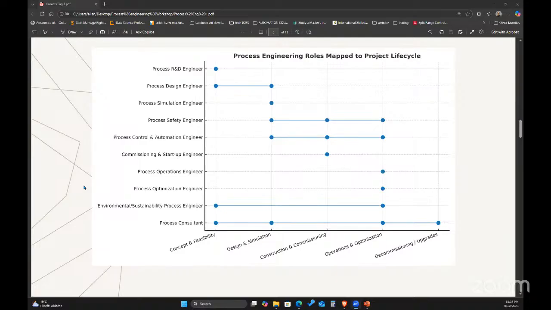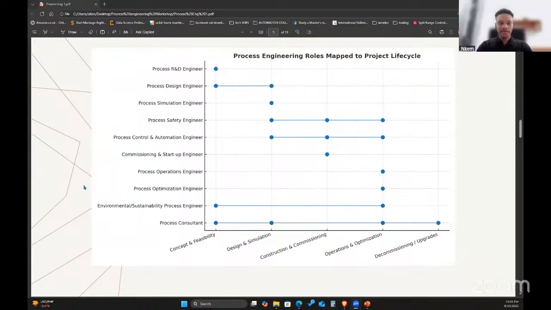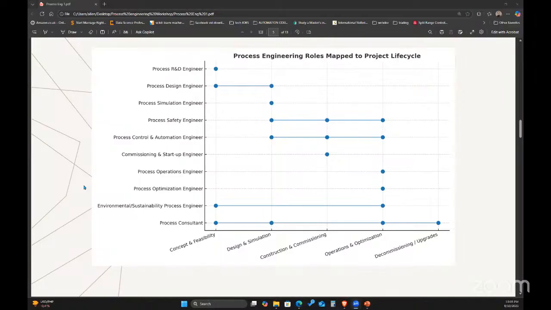Okay, sure. Thank you very much for this session. Please kindly confirm if you can hear me. Yes, loud and clear. Okay, sure. I have seen the different categories of process engineers in the industry. I've been following process engineering for a while now, though I've not been practicing because I've not had the opportunity. I want to ask, for a recent graduate who is looking forward to process engineering, how can such a graduate focus on any of these categories?